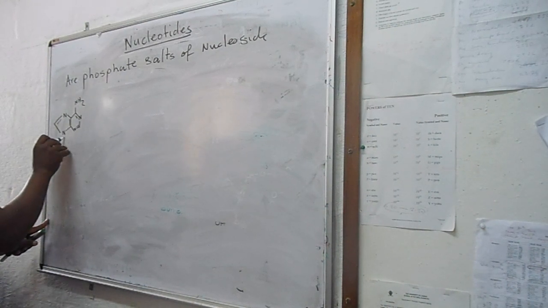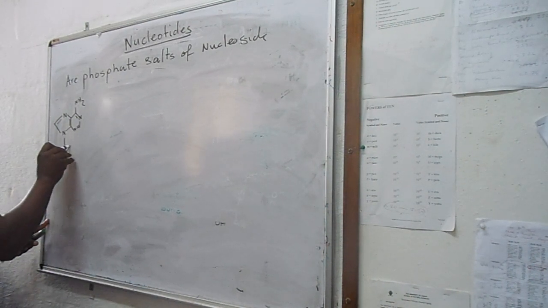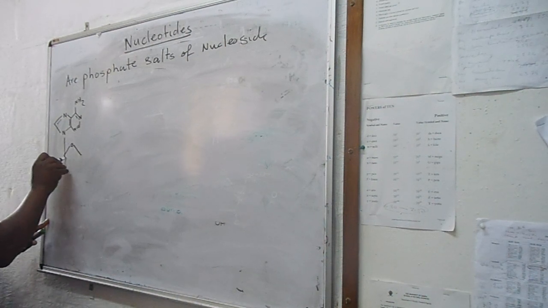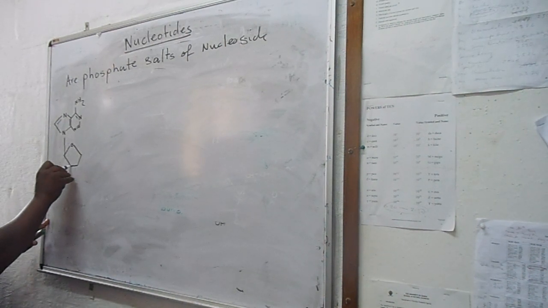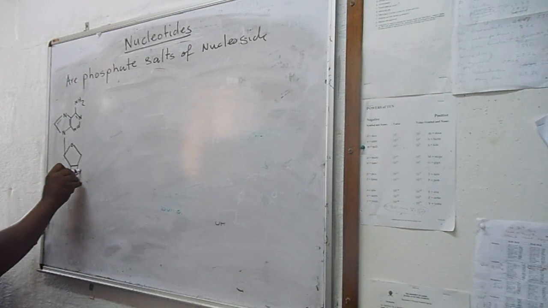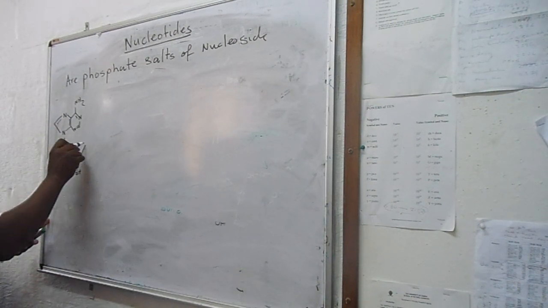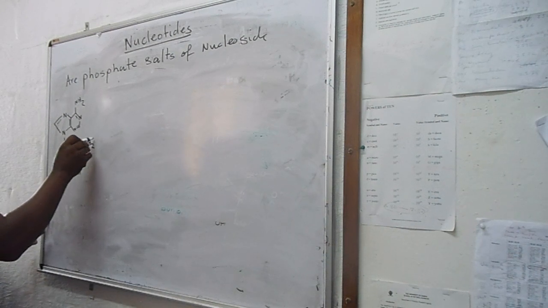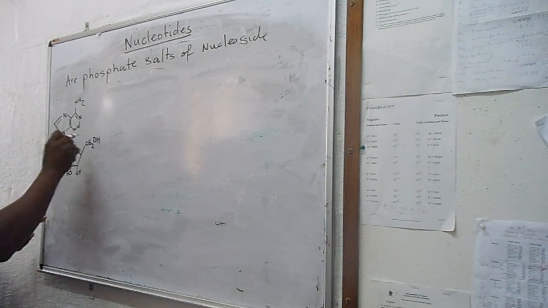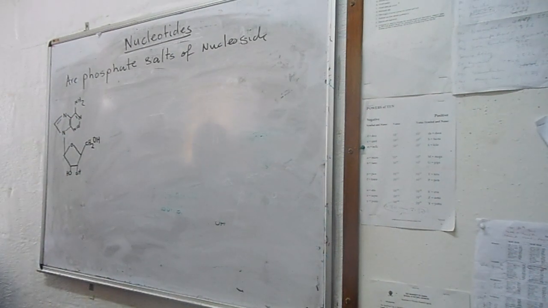The adenine is connected to a sugar to form adenosine. Remember, last time we talked about nomenclature. So you have the terminal CH2 hydroxide. So that is the adenosine.